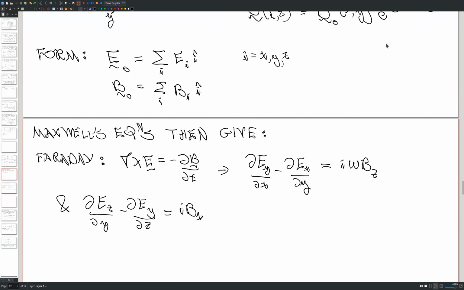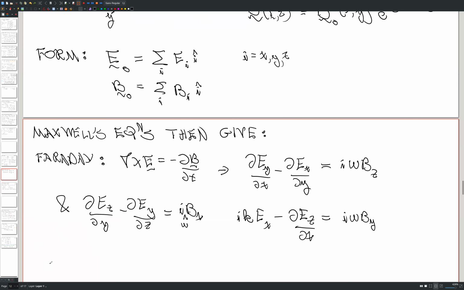So the last equation that I have here, instead of having the d/dz, I just pick up immediately an ik with the E_x, and then dE_z/dx. That now has to be the Y component, i omega B_y. And here, of course, there's an omega. So these are our three equations.